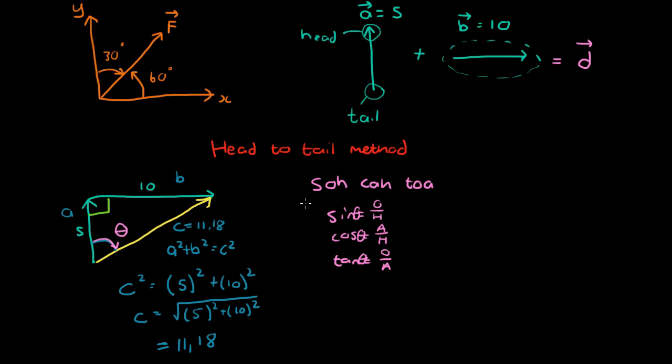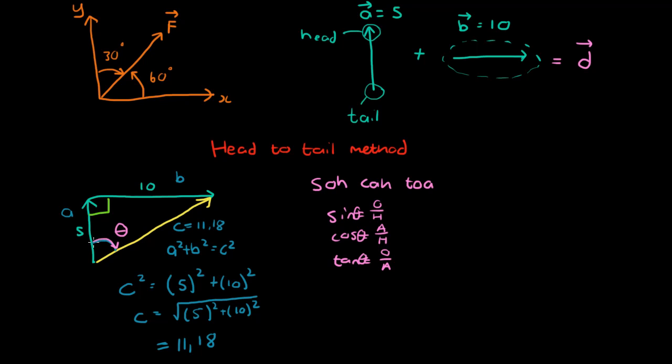So if you know two of the sides of a right angle triangle, you can work out any angle within that triangle. And we do. We know all three sides. We know the two we were given, 5 and 10, and we calculated the hypotenuse to be 11.18. But let's just use what we're given, just in case we calculated the hypotenuse incorrectly. It's always a safe way to go about it, even though that is right.